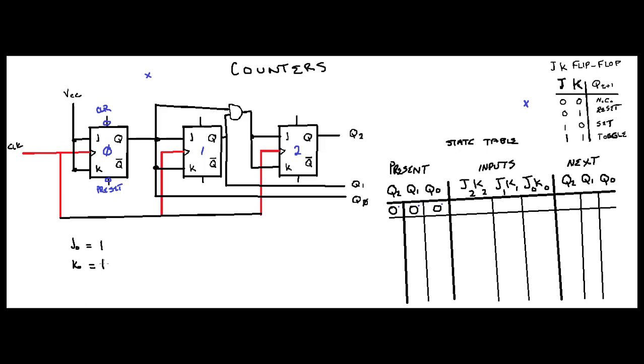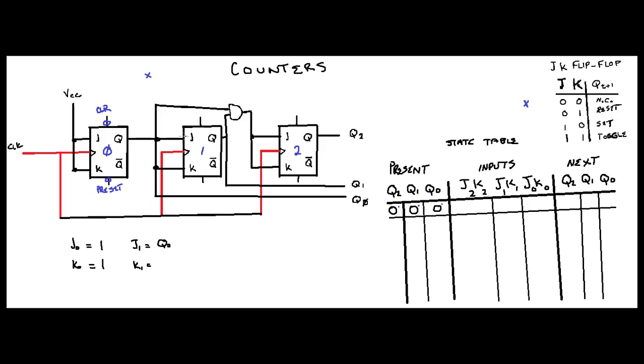Now, let's look at the next one. If we're over here, J1 is going to equal, so let me just write this down for you, J1, K1. What's J1 going to be equal to? Well, J1 is going to equal Q0, isn't it?